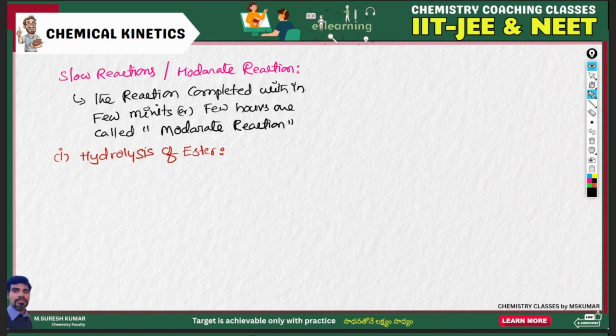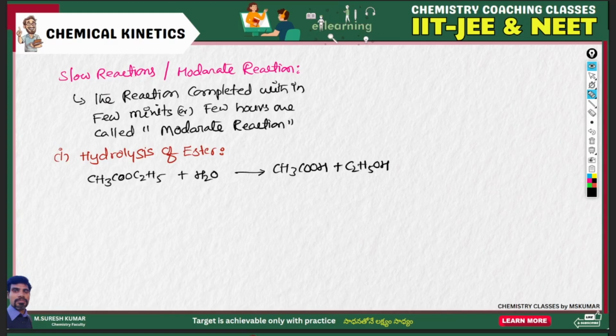Here see, you know the ester, simply CH3COOC2H5 on reaction with what? Water, because it is a hydrolysis, to produce CH3COOH plus C2H5OH.